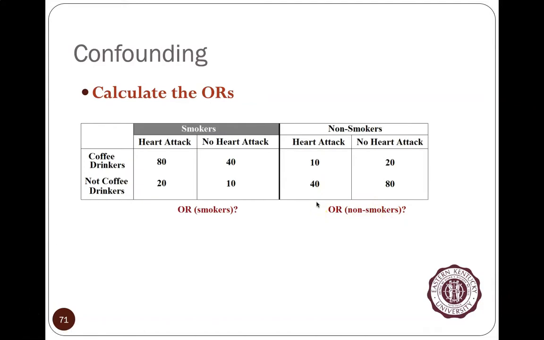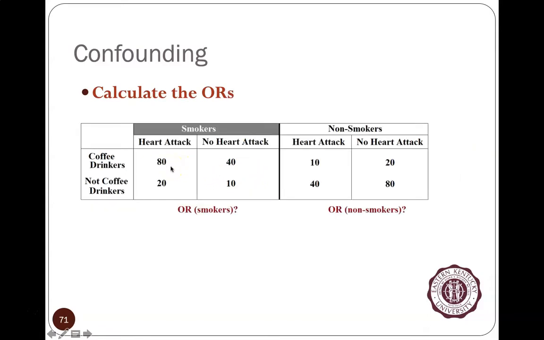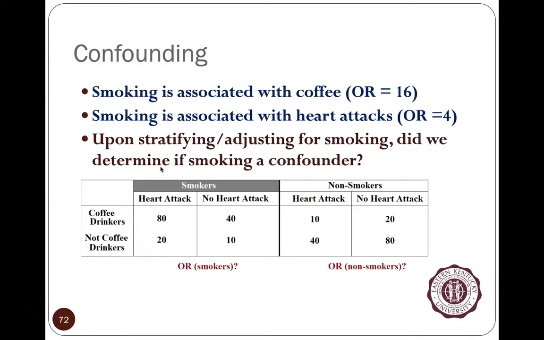If we were to cut this differently, and instead of looking at heart attack and coffee, we look at heart attack and smoking, you could look at heart attack among the smokers and heart attack among the non-smokers. What you would end up finding is that we've got a lot more heart disease among the people who are smokers.